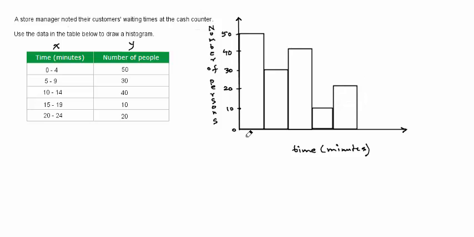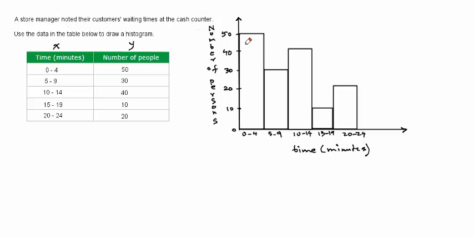And let me now put down the class intervals. So this one represents the time from 0 to 4 minutes, 5 to 9, the number is 30. This is 10 to 14, and the number is 40, and so on. So this is 15 to 19, and finally we have 20 to 24.